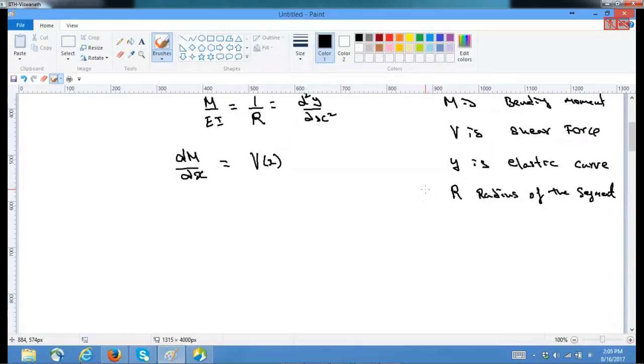And further, dV by dx is equal to minus w of x.